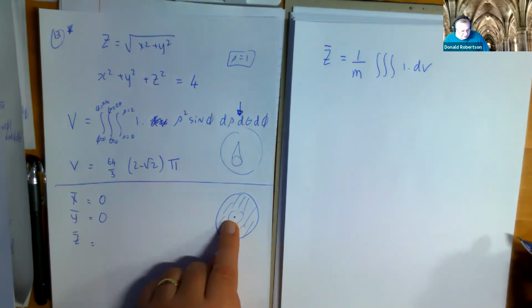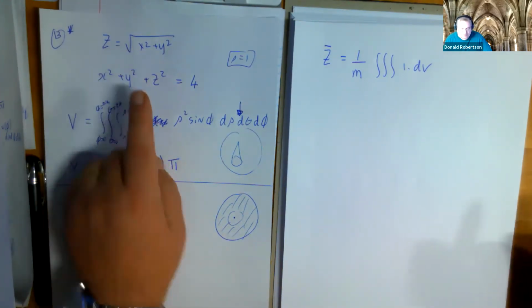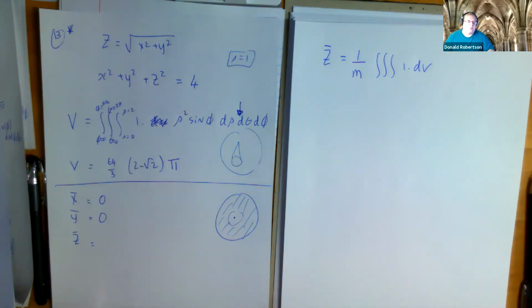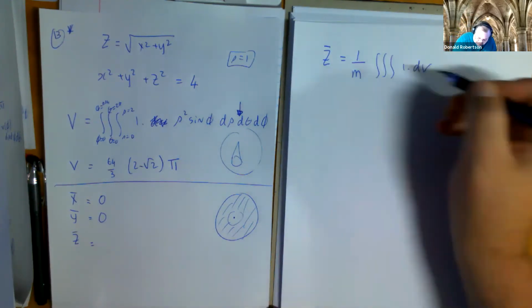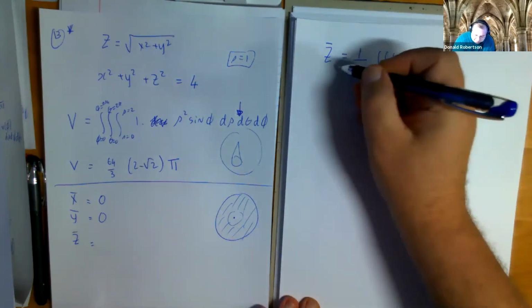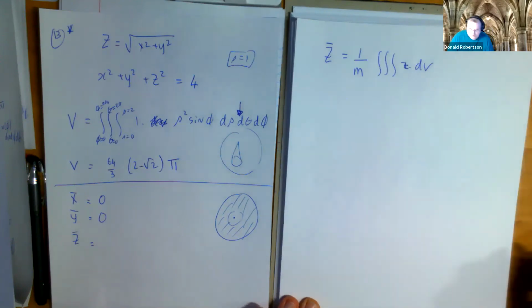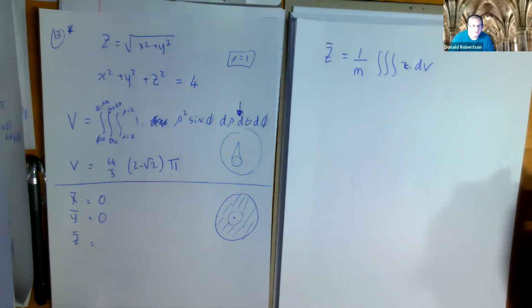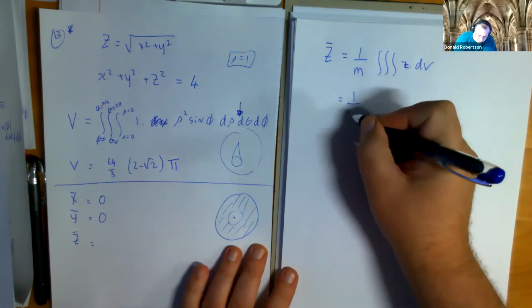So that's my little visualization of why I'm making these two 0, because cones and spheres look circular from above. If you stare down at them, they're both circles, and both circle centers are at the origin. That's my argument. So this is going to be all of this times z dV. I'll just call that m.